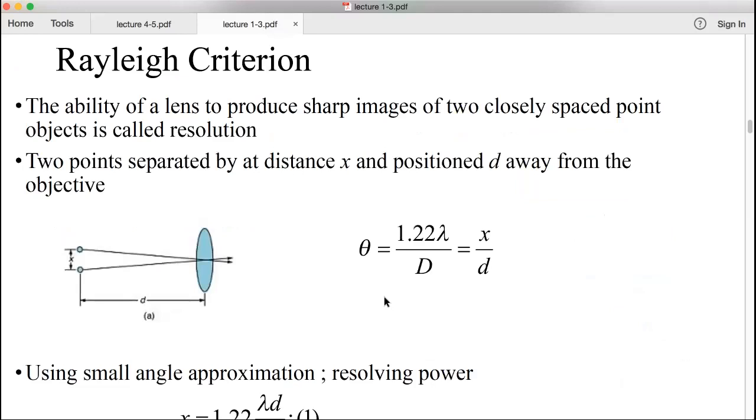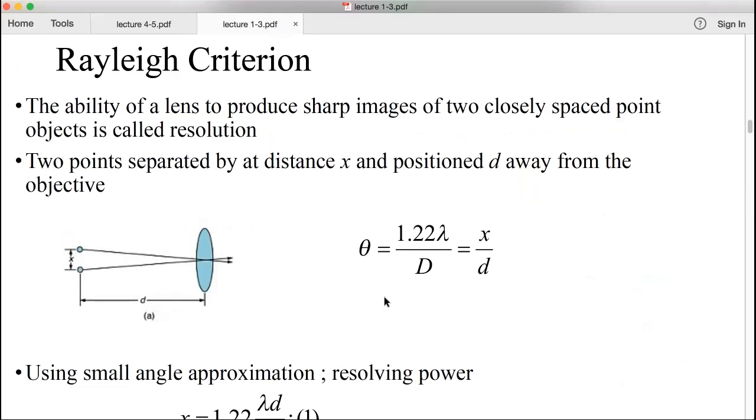Now, that is basically diffraction through a circular aperture. Light passes through a circular aperture and gets diffracted. But when we are using an optical microscope, we are using a lens system. The ability of a lens to produce a sharp image of two closely spaced point objects is called resolution.